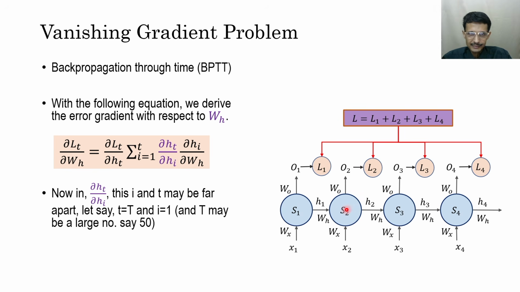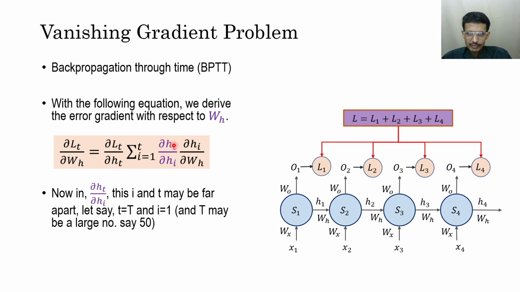So this equation is del of L_t by del of h_t, sum over i equal to 1 to t, del of h_t by del of h_i, and del of h_i by del of W_H. This is the basic understanding.